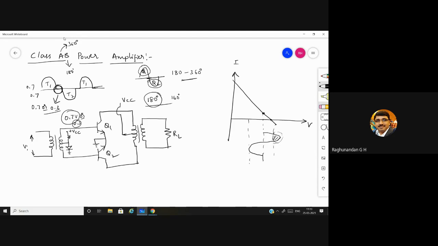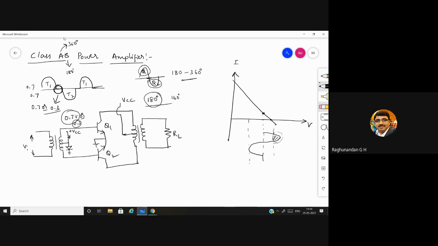So you're using plus VCC, and you can see that this plus VCC and the diode is connected in forward bias condition. Whenever a diode is forward biased, during that time the voltage drop across it will be 0.7 for a silicon diode.